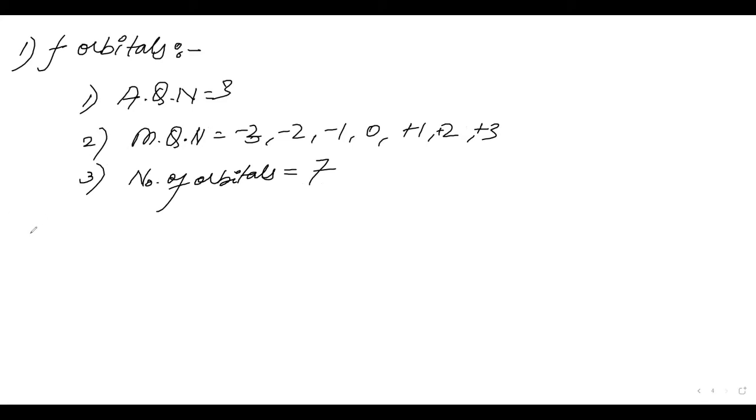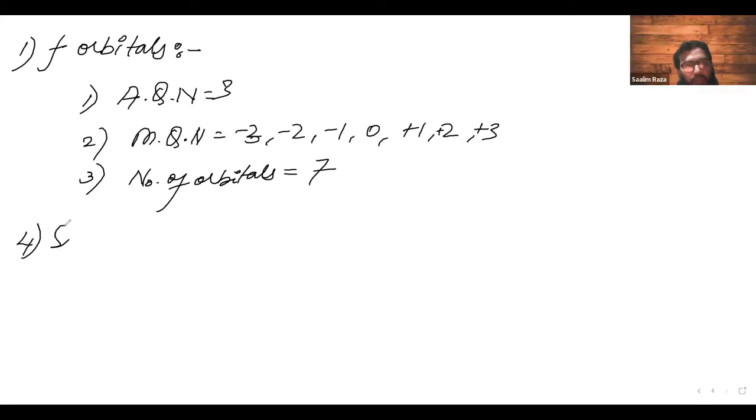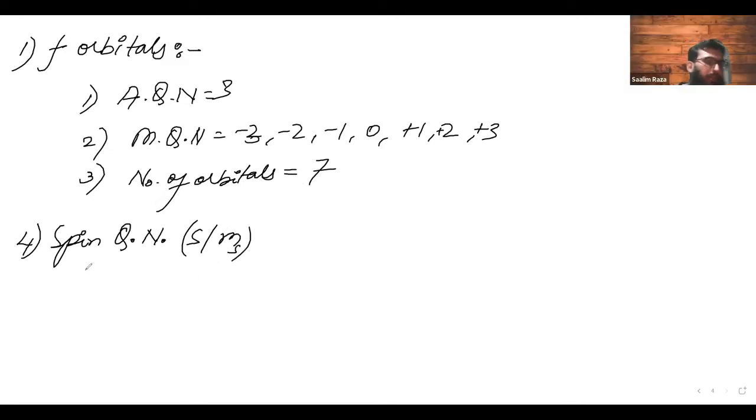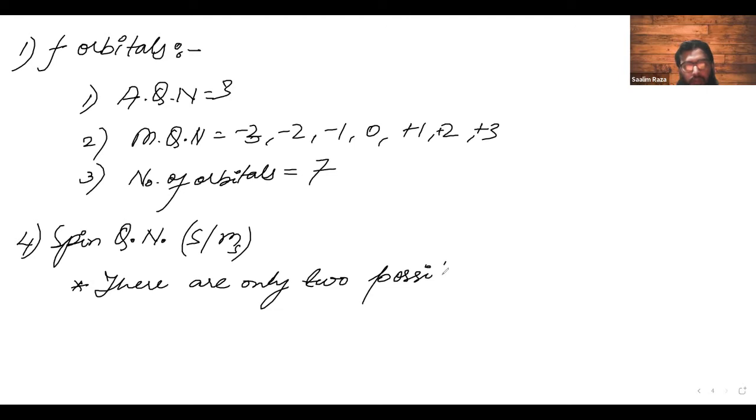The last quantum number, the fourth quantum number, is the spin quantum number. How do we denote it? S or m with s in the subscript. There are only two possible values for the spin quantum number.